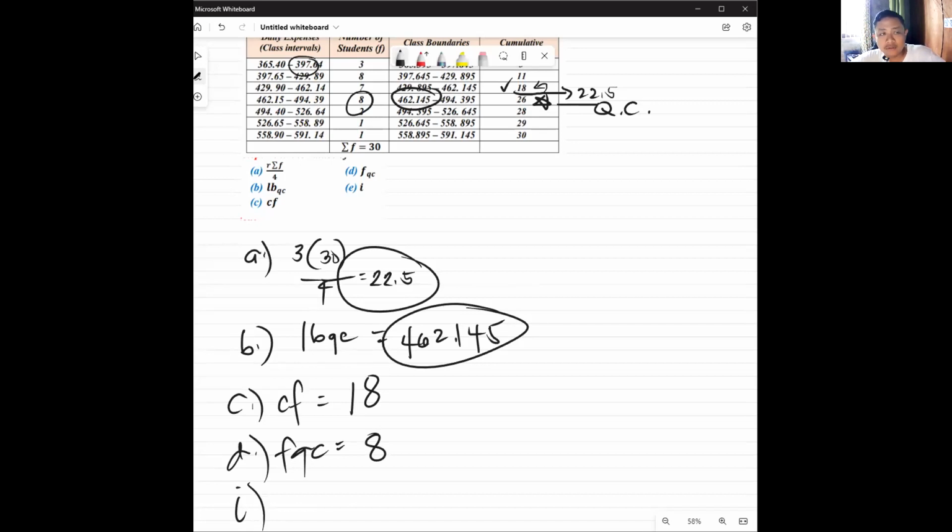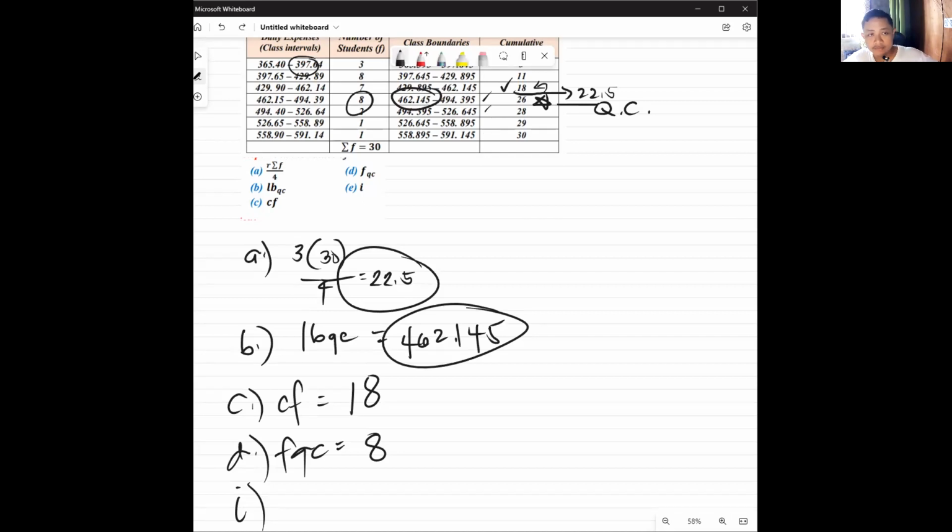So all we have to do now here is, what do you think will we use here? The interval actually can be determined by subtracting the lower boundary from the upper boundary of any class. So, any class, halimbawa, kahit ito gamitin mo, pare-pareho lang ang magiging sagot.